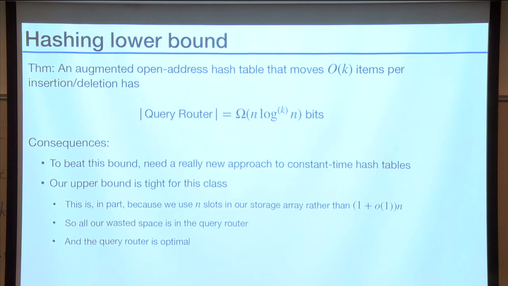Our upper bound is tight for this class because we match this bound of kth iterated log of n wasted bits per key. One of the reasons for this is that our storage array is actually exactly n slots rather than 1 plus little o of 1 times n slots. And this means that all of our wasted space is in the query router, and we use a query router that's optimal.